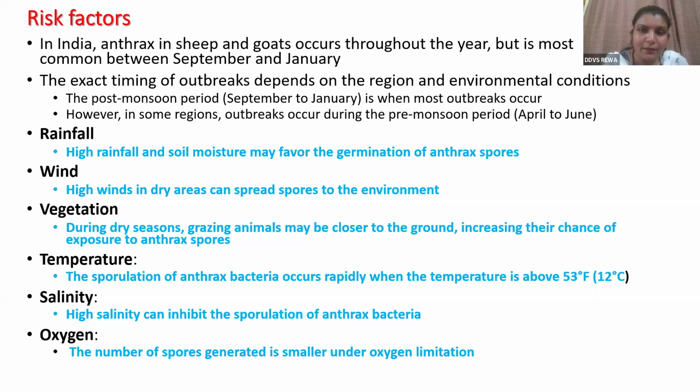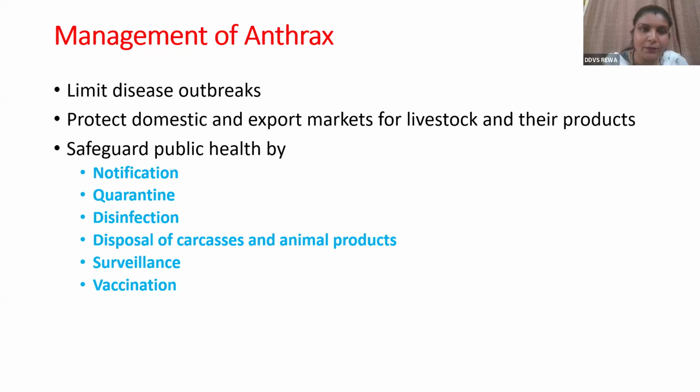Vegetation also matters: particularly in the dry season, if pasture grass is not there, animals graze closer to the ground, which increases the chances of exposure to the spores. Temperature is also a factor. High salinity inhibits sporulation of the spores, and oxygen also inhibits germination.